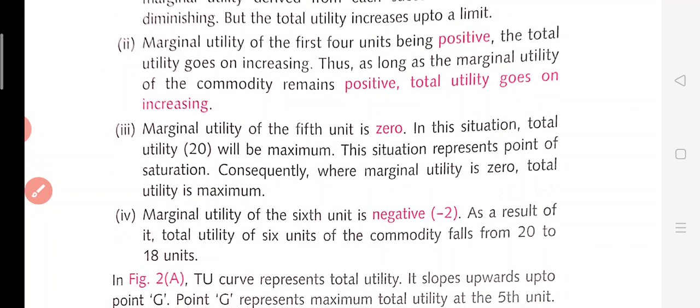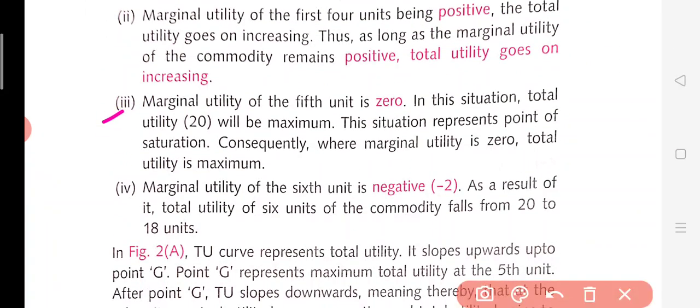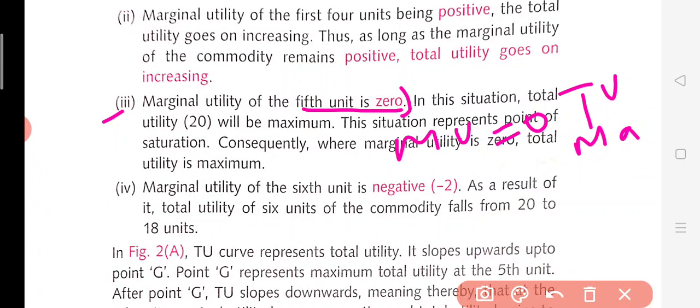Okay. Now, the third point, marginal utility of the fifth unit is 0. You know this thing. When the MU of the fifth unit is 0, what was the condition? When MU was equal to 0, at that time your TU was at its maximum level.